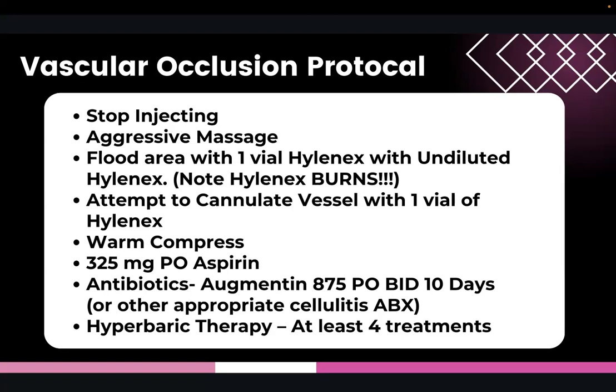I'm going to try to go as lateral as possible to get a larger chunk of that vessel, cannulate that vessel, and then inject that Hylenex so I can try to dissolve the filler as quickly as possible. You're then going to be doing some warm compresses. The patient will take 325 milligrams of aspirin, and antibiotics will be prescribed along with hyperbaric therapy.